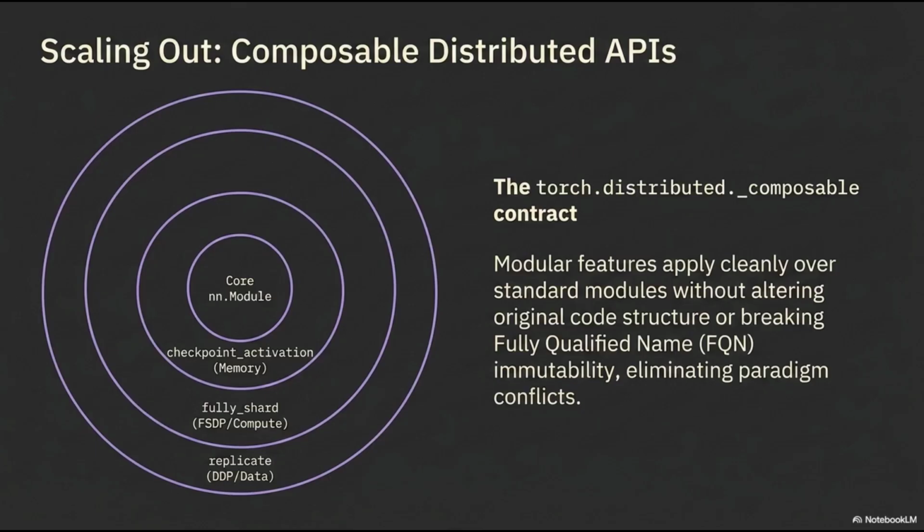Finally, the outermost layer, replicate, manages data distribution, often via distributed data parallel, DDP. This elegant modularity is encapsulated by the torch.distributed.composable contract. This contract allows advanced distributed features to be applied cleanly over standard NN modules without necessitating changes to the original code structure. A key benefit is the preservation of fully qualified name immutability, which successfully eliminates common paradigm conflicts often encountered in distributed systems.